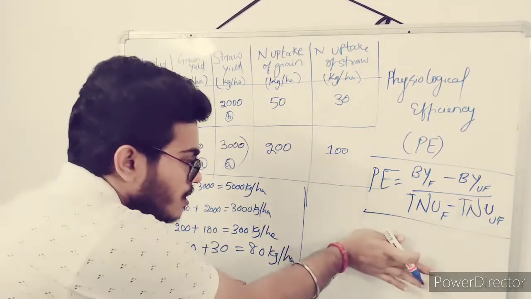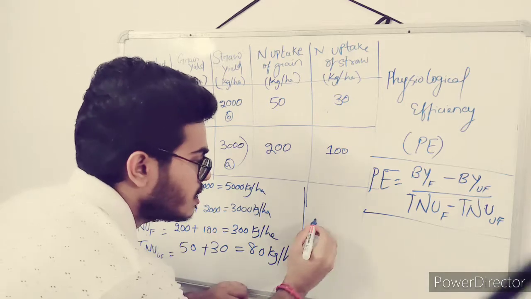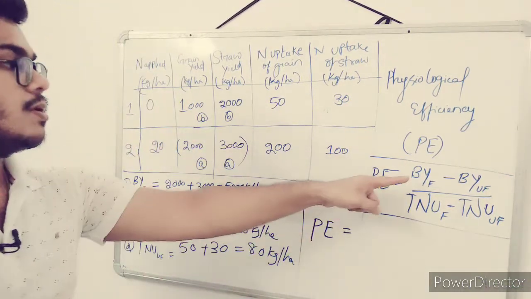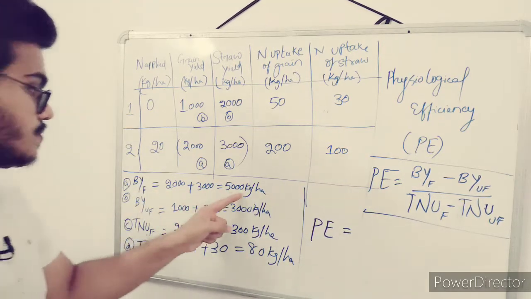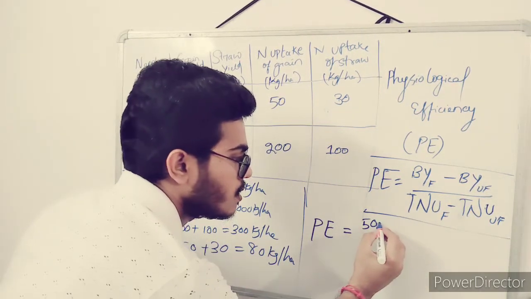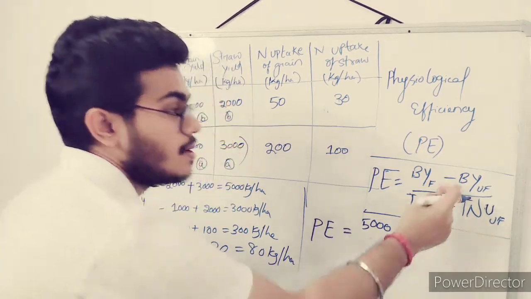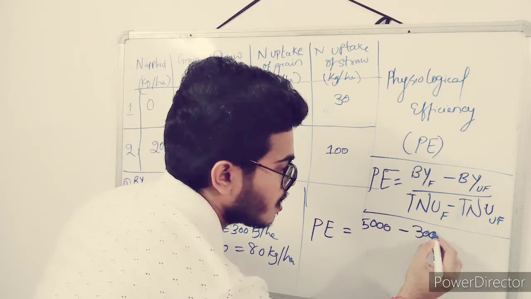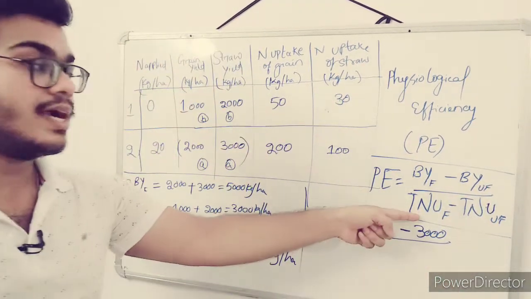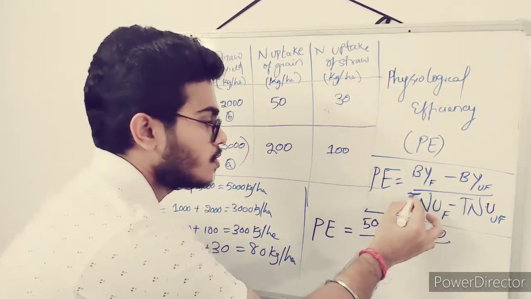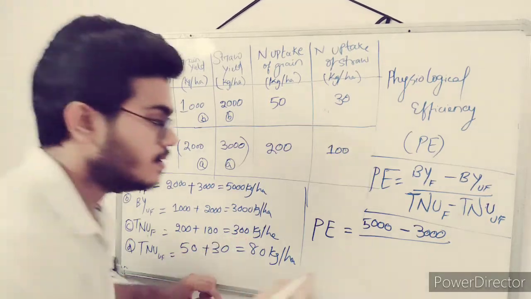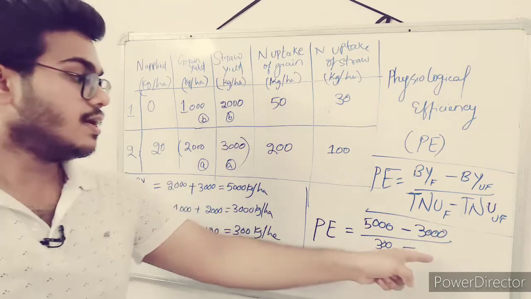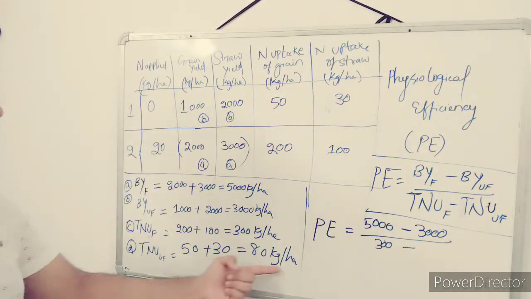Putting in this formula, physiological efficiency will be equal to the biological yield of the fertilized plot, which is 5000, minus the biological yield of the unfertilized plot, which is 3000, divided by the total nitrogen uptake in the fertilized plot, which is 300, minus the total nitrogen uptake in the unfertilized plot.